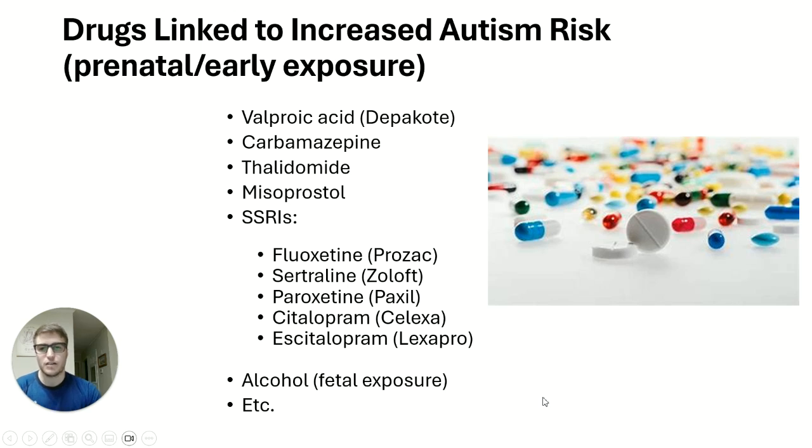So there's also drugs that can increase the risk for autism, and this is again not an extensive list, but this just gives you an idea of drugs that are associated with autism. I put etc. here because you also have seen that acetaminophen, aka Tylenol, has been associated with autism, and that's because these drugs and other drugs can cause inflammation in the brain, which is going to affect the development of the brain.